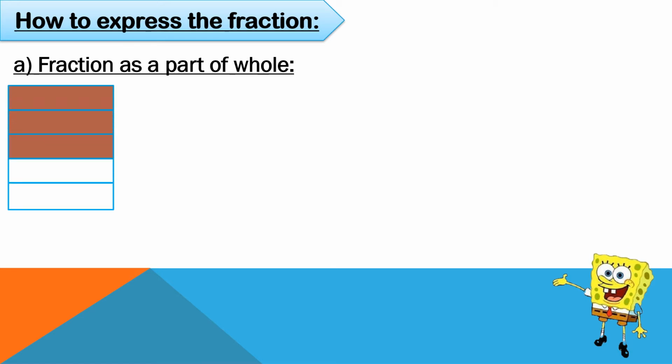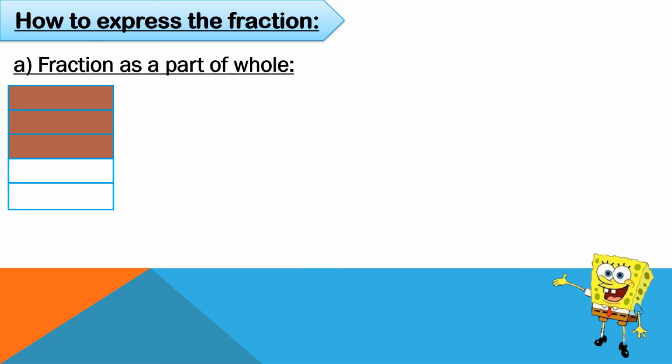If I have a chocolate bar like this, it has 3 parts with brown chocolate and 2 pieces of white chocolate. So 3 parts of brown chocolate and 2 parts of white chocolate. I want to find the fraction of brown parts.